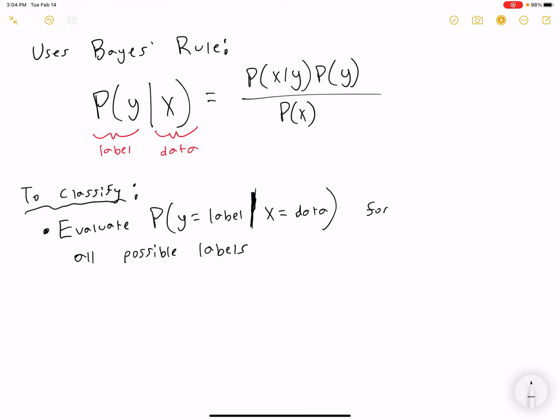And we choose the label with the maximum probability.